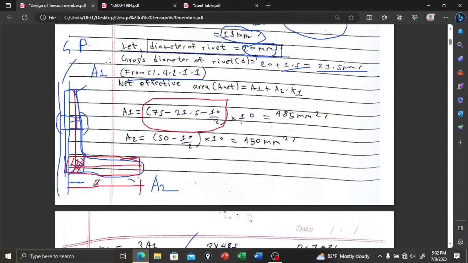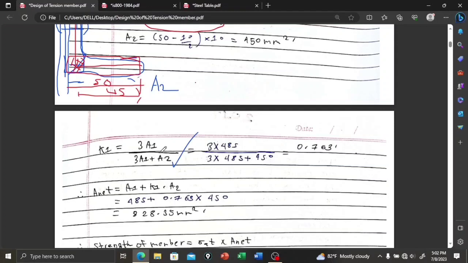This 50 minus 10 by 2: from here to here it is 50, and from here to here it is 50 minus 5, that is 45. So it will be 450 and it will be 485.